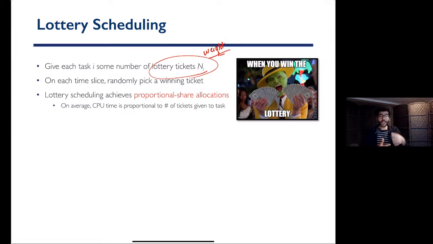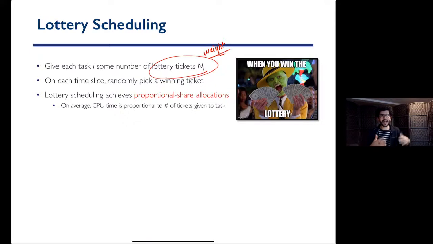so the ratio between the time that two different tasks get on CPU should be proportional, or should be exact, as the ratio between their lottery tickets. If I have 5 lottery tickets and there are 10 lottery tickets in the system, on average, I should win 5 lotteries every 10 lotteries.